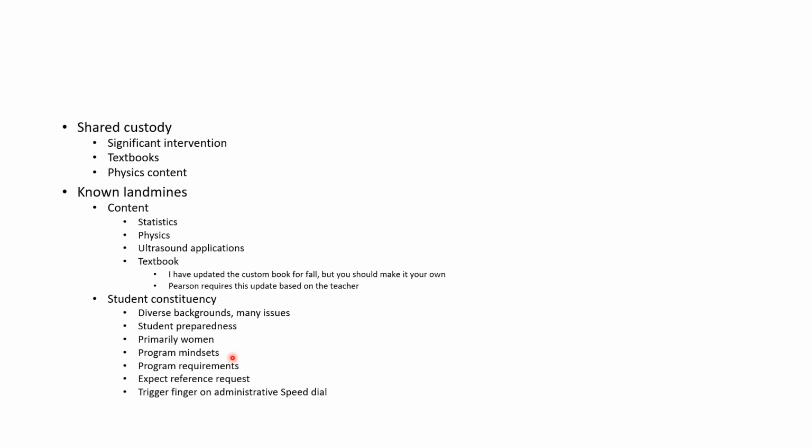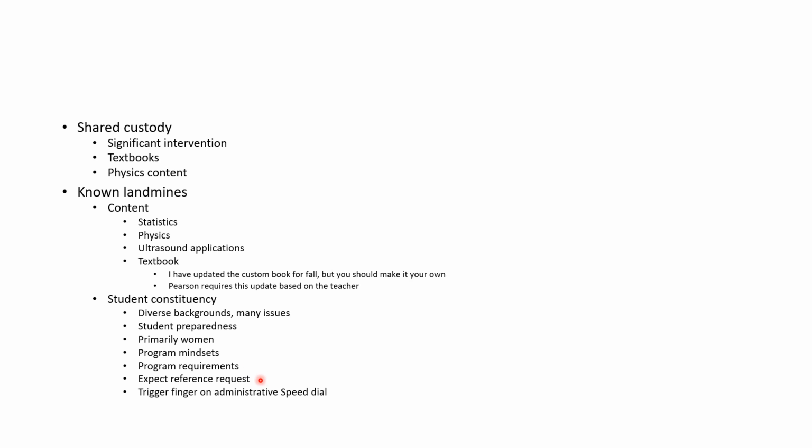Also, one pathway to qualify for the program is to get 1120, but they have to earn a B or better in 1120. The students are very aware of this, and this becomes really kind of an issue because the program requirements are a B or better.